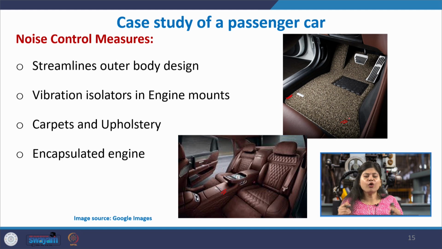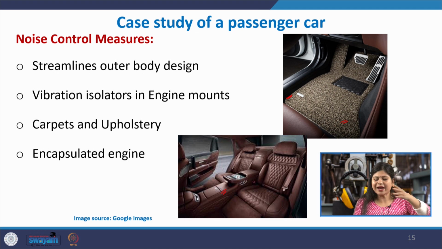All of this not only adds to the comfort of the passengers, but also helps in dimming down the noise inside the car, because when you close the car, it becomes a closed indoor space, and within a closed indoor space there is a reverberant field, and in a reverberant field absorption becomes a good mechanism to control noise.